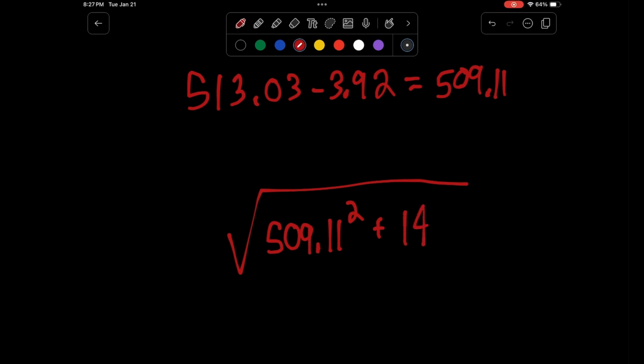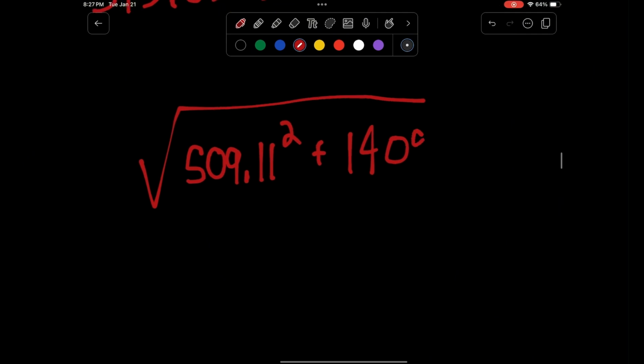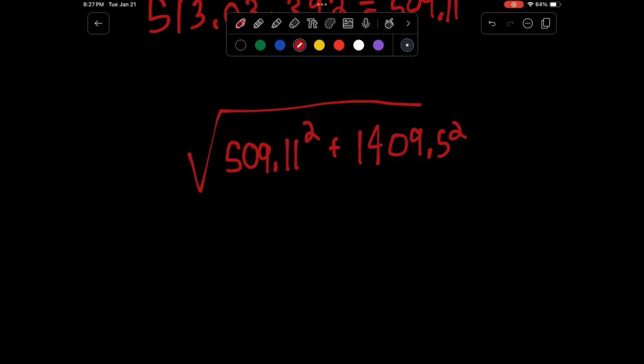After getting our answer, we must recombine the vertical and horizontal components to find the sum of forces acting on the ball at this time.